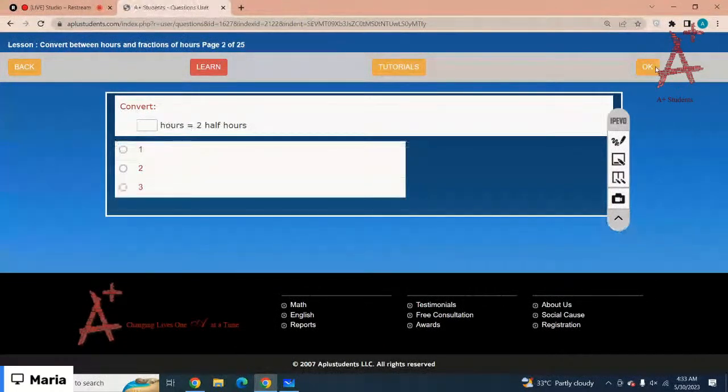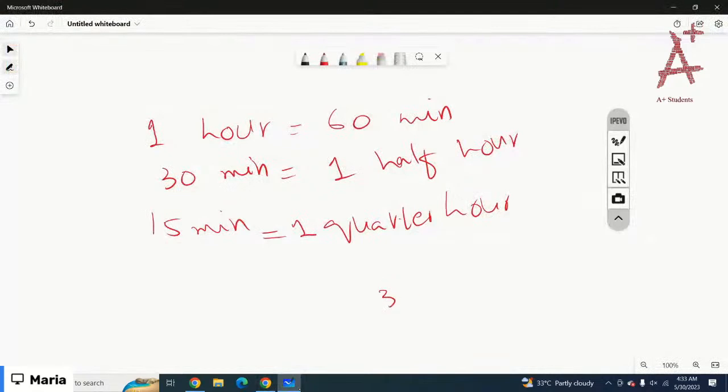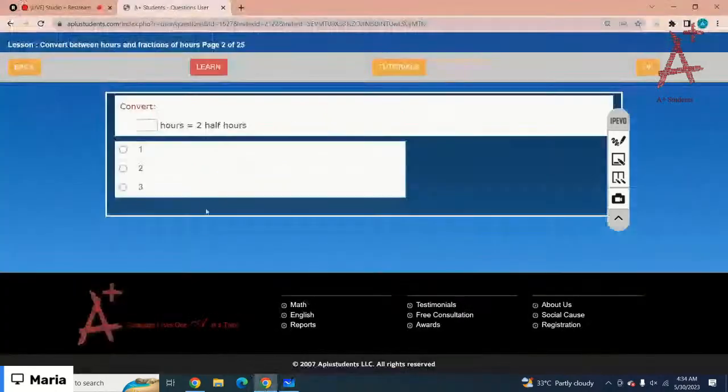How many hours equal 2 half hours? 2 half hours means 30 minutes and 30 minutes. 30 minutes and 30 minutes makes how many hours? 30 minutes and 30 minutes makes 60 minutes. That means you have 1 hour. Got it? 2 half hours make 1 hour. Got it?